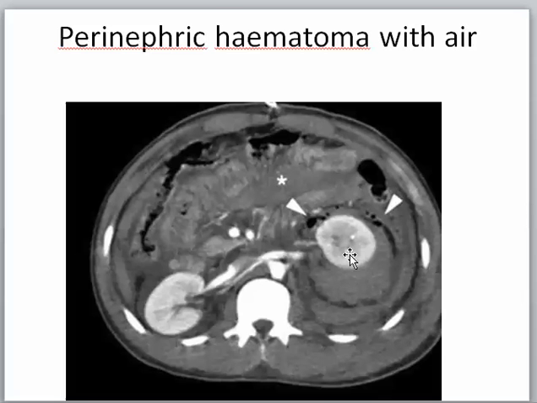So we have three spaces around the kidney: capsule, Gerota fascia, and pararenal, posterior pararenal space and the anterior pararenal space. Here there is air denoting communication with the outside, and here there is peritoneal blood. That means associated intestinal injury.